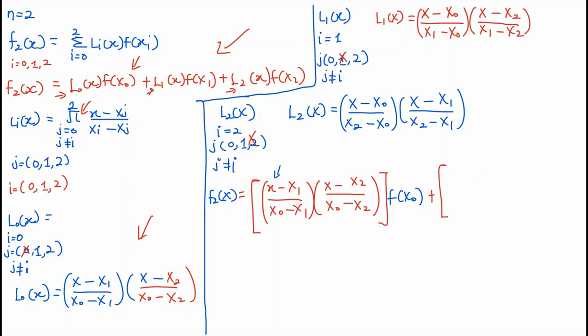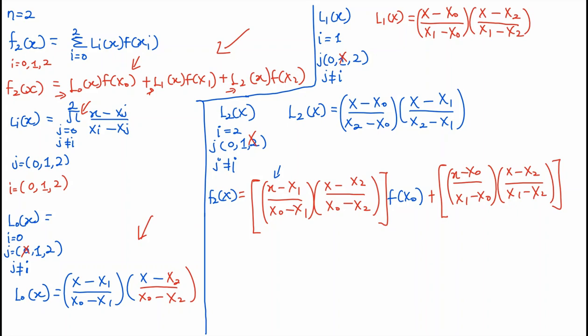So you're going to have x minus x naught divided by x1 minus x naught. This multiplying x minus x2 divided by x1 minus x2, right? So all this will be multiplying f of x1.